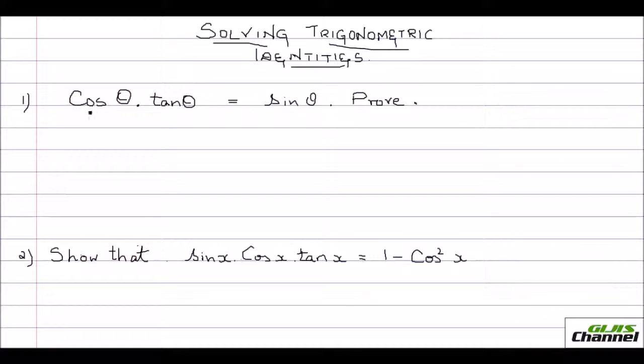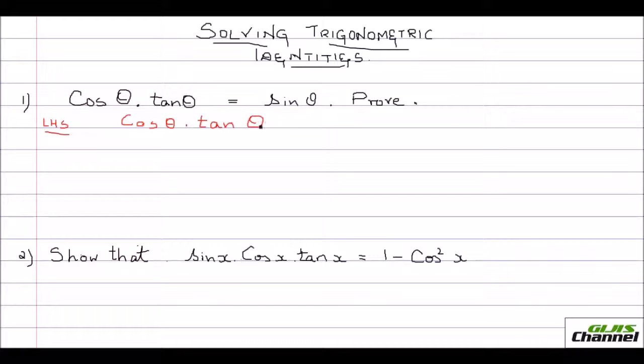So in the first question, it says cos theta times tan theta is equal to sin theta, and they ask you to prove it. So I just start from LHS, okay? The left hand side, cos theta times tan theta.